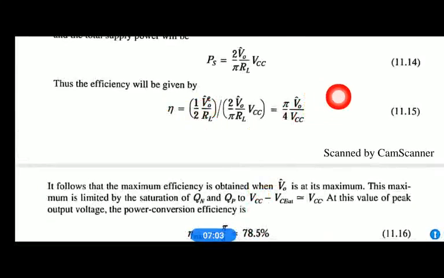Here the pi gets cancelled, and 2 into 2 is 4, so it becomes 1 by 4, and VCC gets cancelled. So 2 divided by 4 becomes 1 by 2. VCC is cancelled. Therefore eta is equal to 1 by 2.